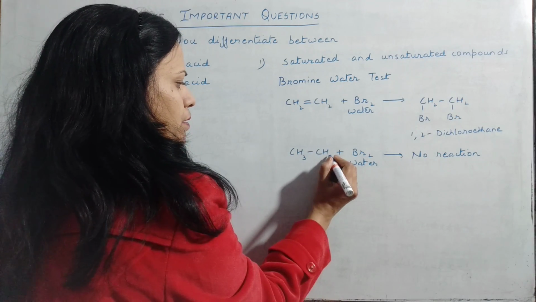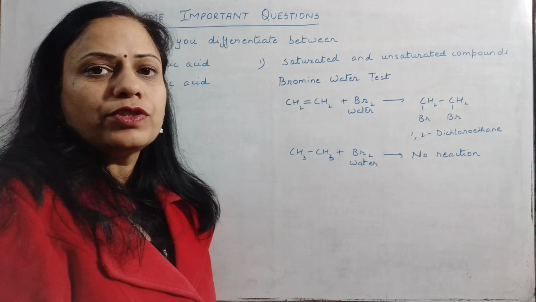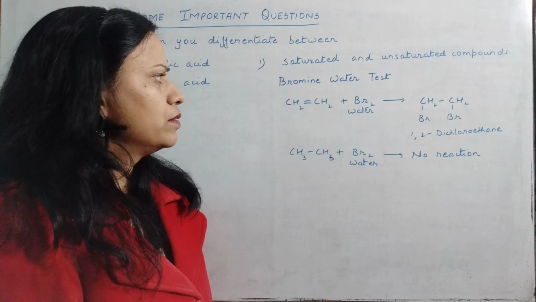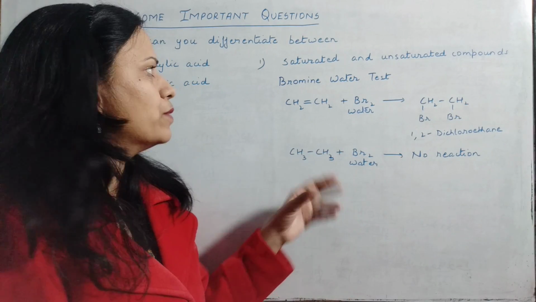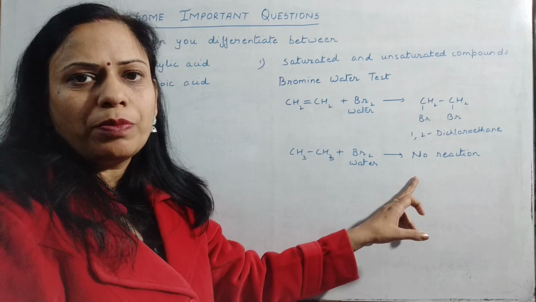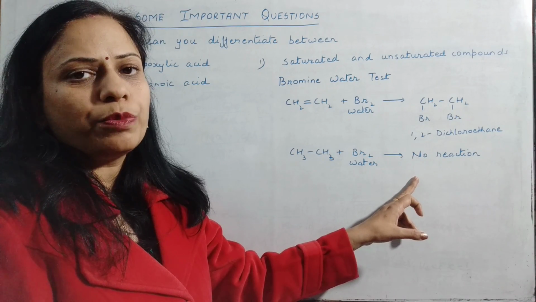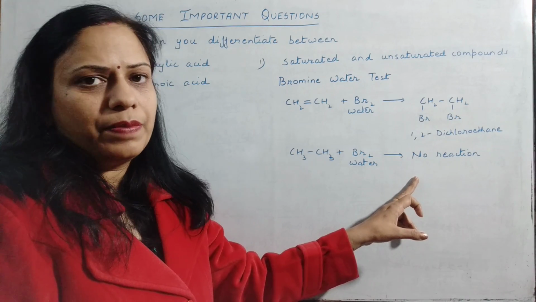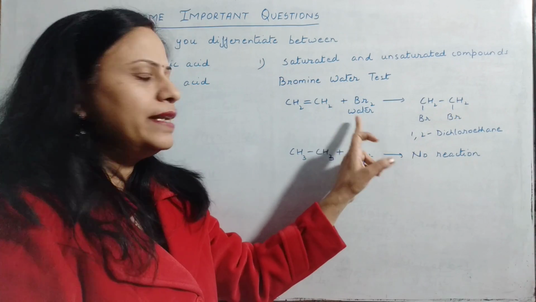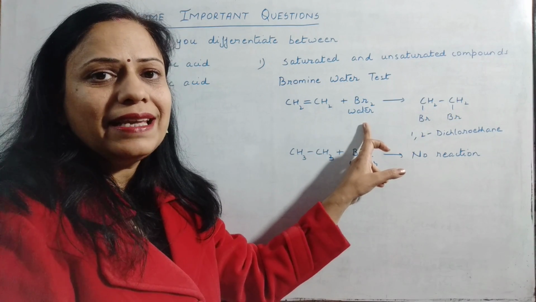So on the basis of this test, we can distinguish between saturated and unsaturated compounds. Saturated compounds do not react with bromine water, so the color of bromine water remains brown only. Whereas unsaturated compounds react with bromine water and they decolorize it.